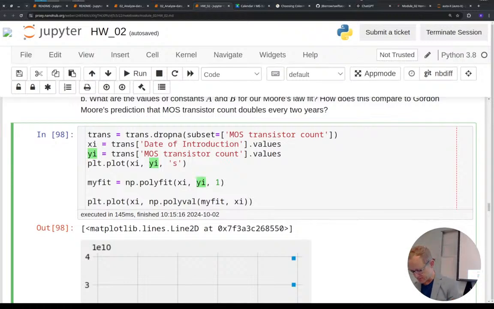So what I could do is say log 2 of yi, and let's put this one back onto semi-log y.